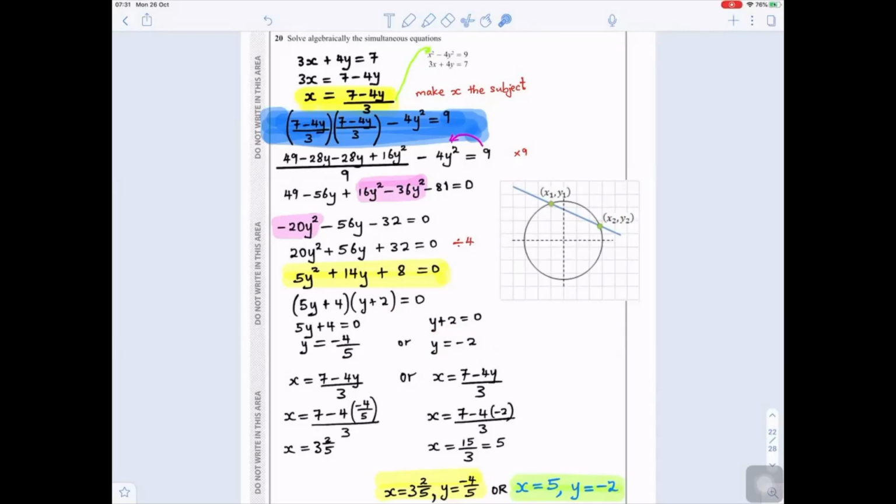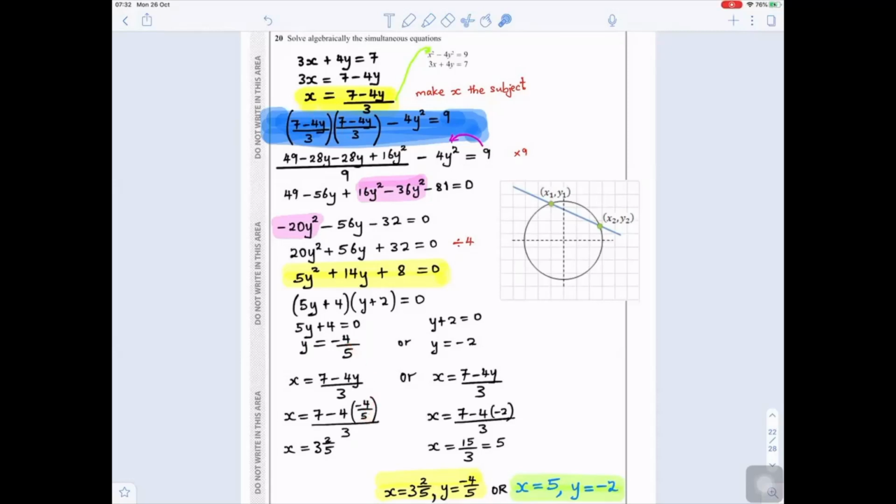Now, once you've got y equals minus 4 over 5 and y equals minus 2, we need to find the corresponding values for x. I would use the equation for the line because that one is easier. So we substitute minus 4/5 into the equation for the line.